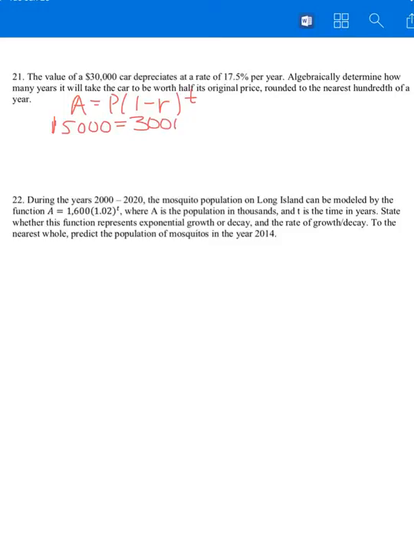Equals 30,000 times 1 minus the rate, 0.175, raised to the power of t. Divide both sides by 30,000, you get 0.5 equals, this 1 minus number turns into 0.825 raised to the t.